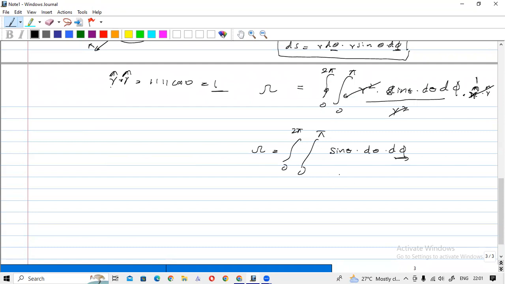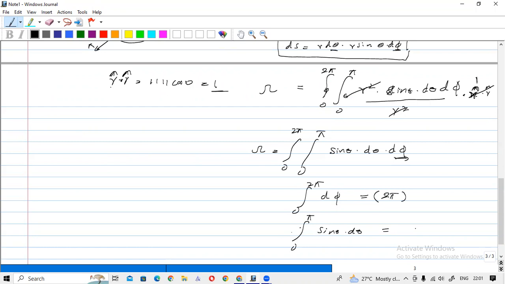So from 0 to 2π you integrate d phi and you will get the answer 2π. Then you have to evaluate the integral from 0 to π of sine theta d theta.